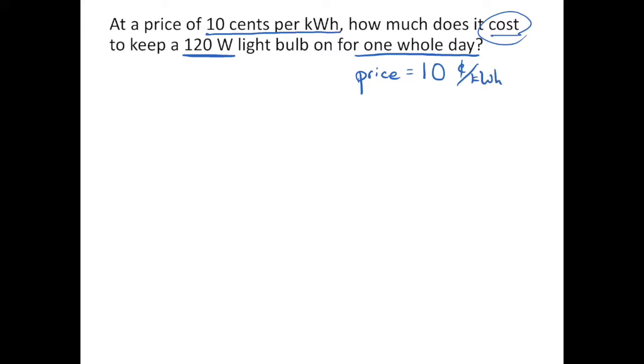Let's see, our watts is power, right? Power equals 120 watts. And then one whole day, that's the time. Time equals 1 day. We're going to have to convert that into hours, and that's 24 hours. And we want to know cost.